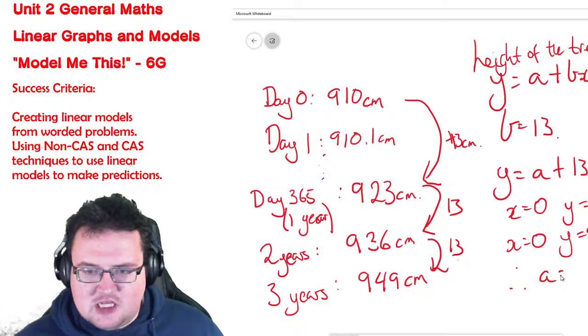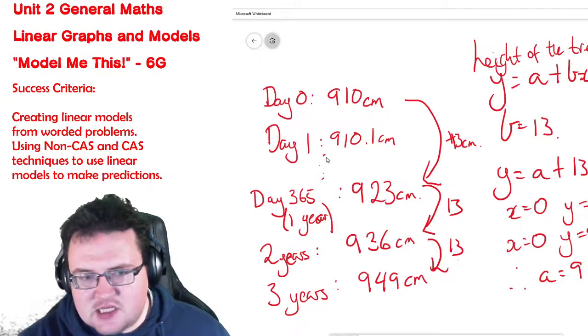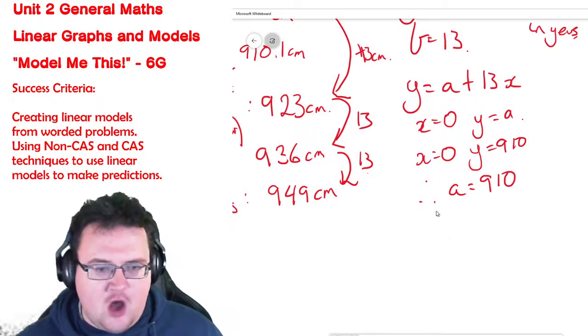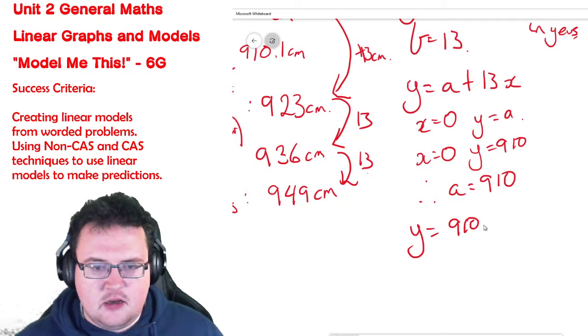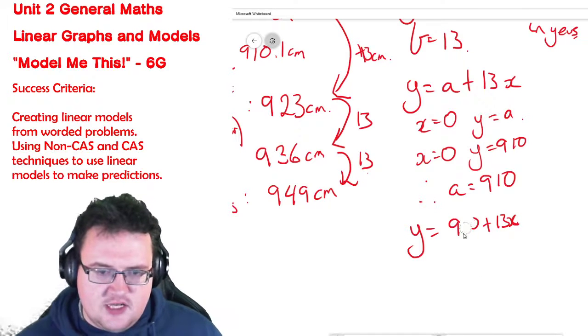Therefore, a must be equal to 910. Which means that I can now write out a full equation for the height of the tree. Y equals 910 plus 13x.